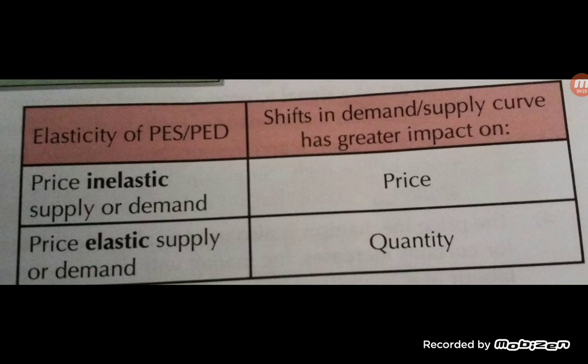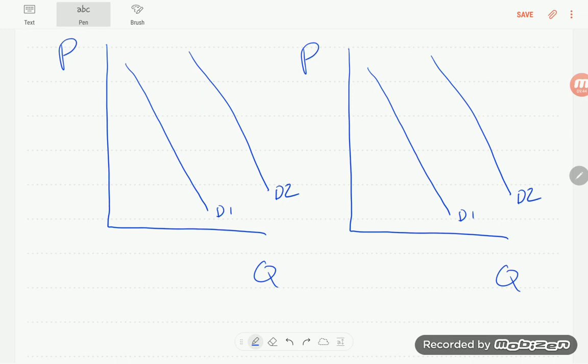For example, if the demand curve shifts to the right along an elastic supply curve, this will have a larger effect on quantity than price. The opposite is true for an inelastic supply curve. So I'll draw that now on a diagram to illustrate this point. Okay, so you see supply is elastic here.